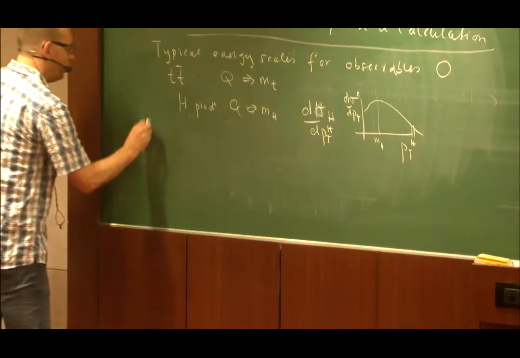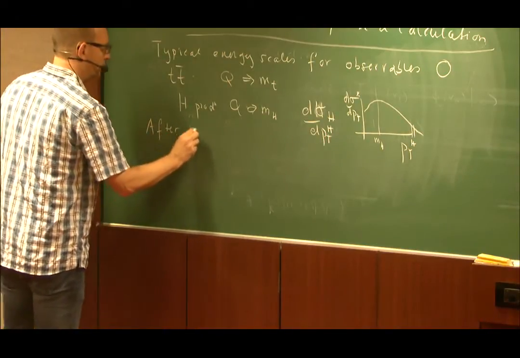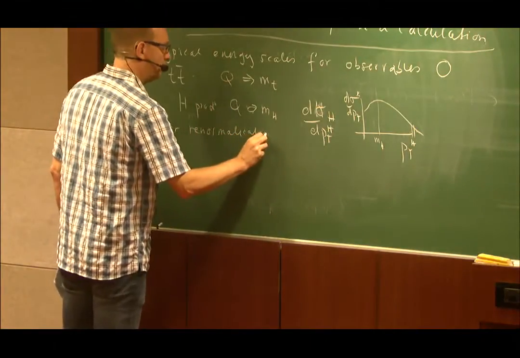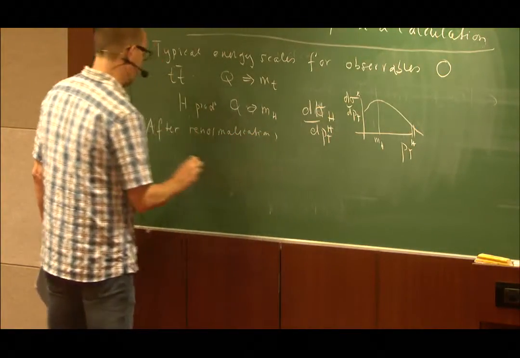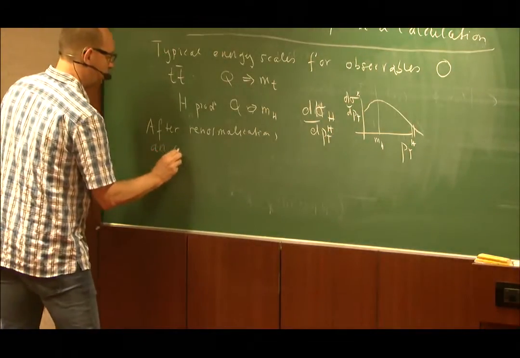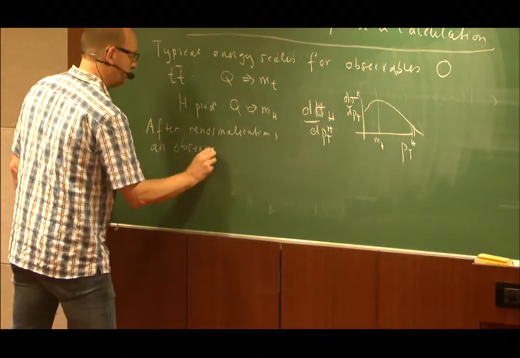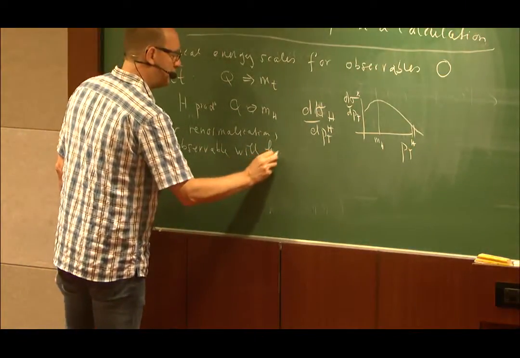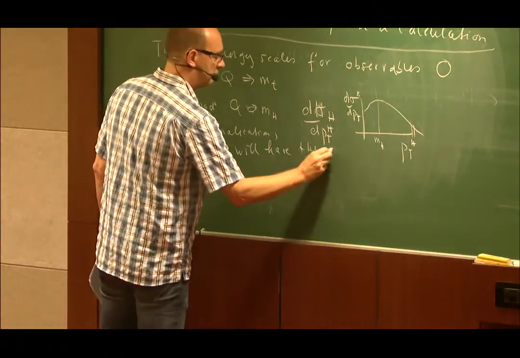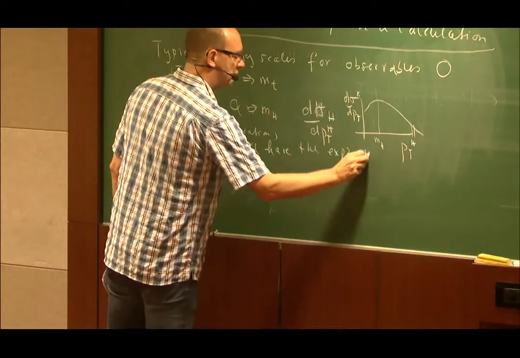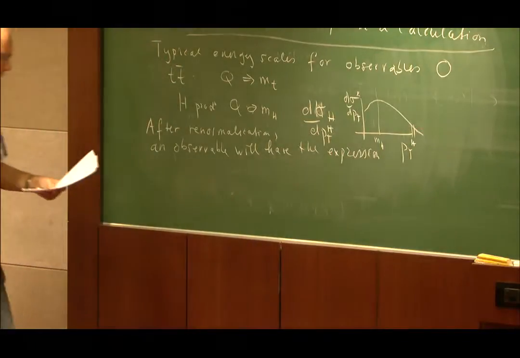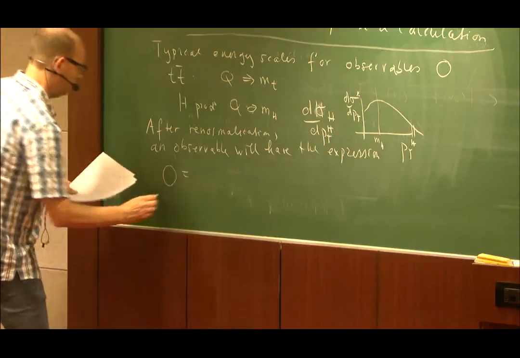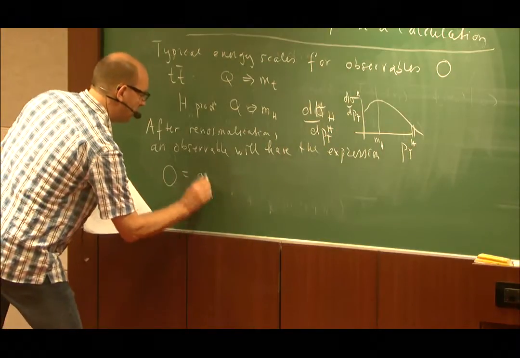So after renormalization, an observable will have the typical formula. The observable O will have the expression O equals g_R squared of mu times something.